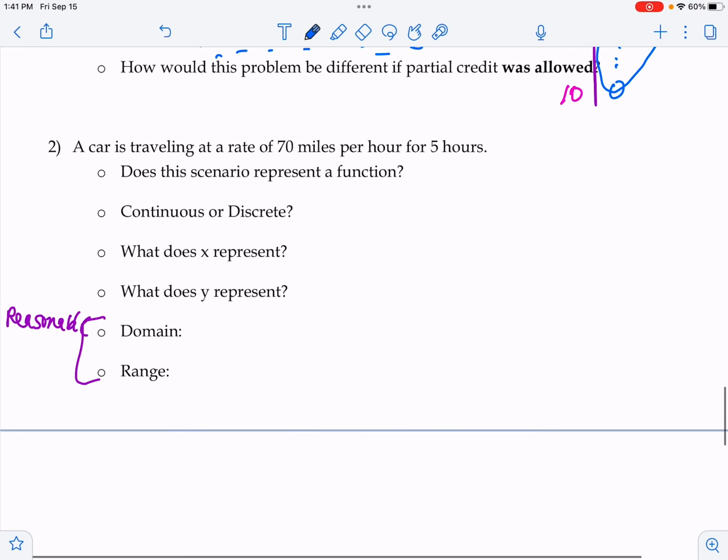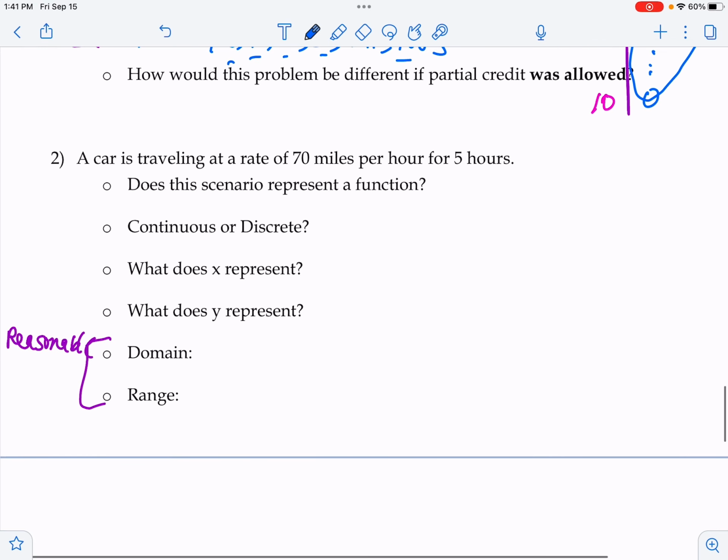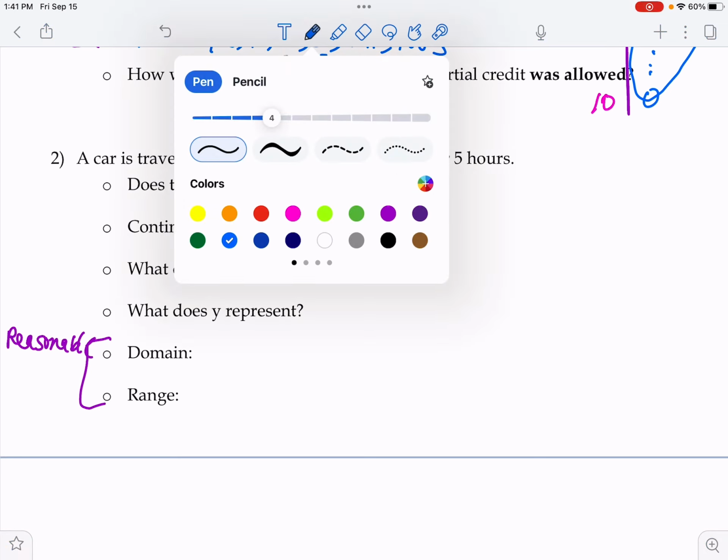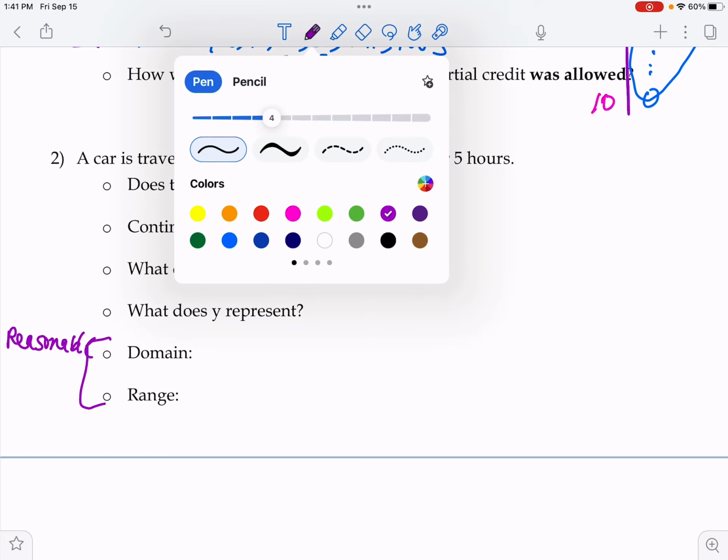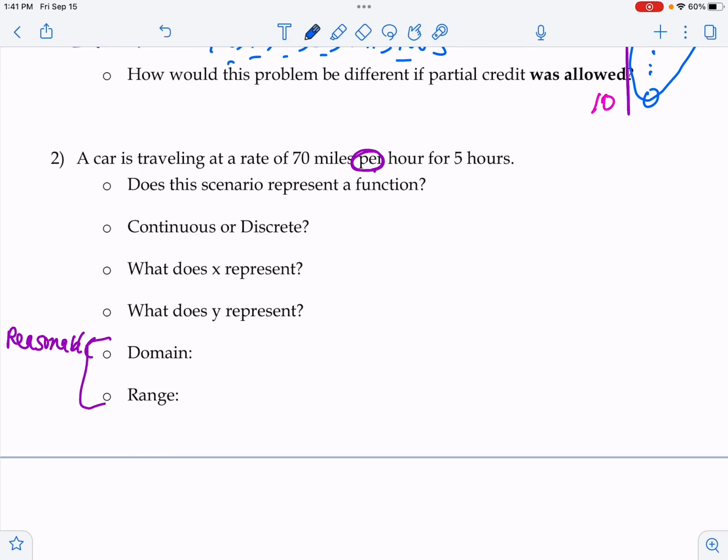Okay, the next one is similar, but this time we're going to be able to have decimals. And so it says a car is traveling at a rate of 70 miles per hour for 5 hours. Okay, so that tells me y per x.